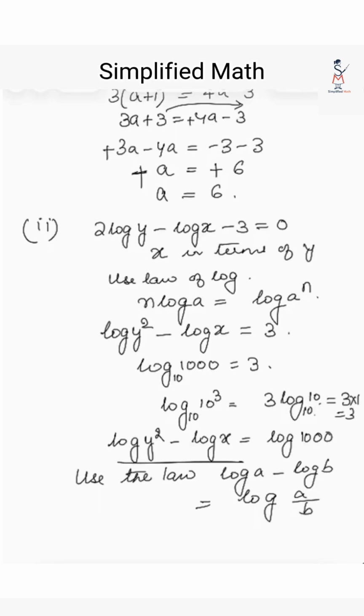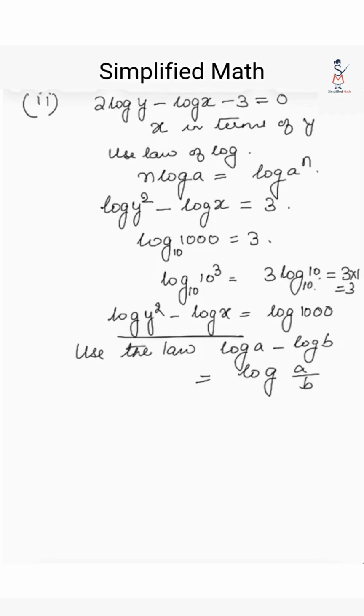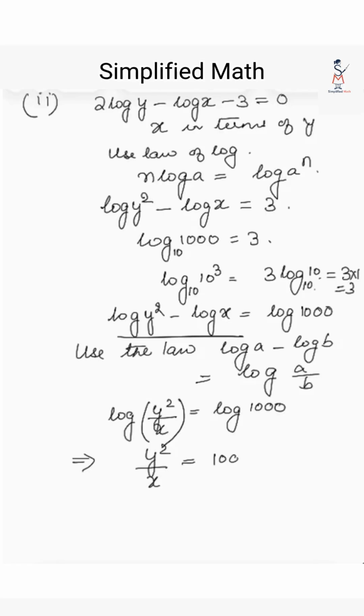Here we will use that law. So this will become log(y square upon x) is equal to log 1000. Right? So both the sides are the same. That implies y square upon x is equal to 1000.